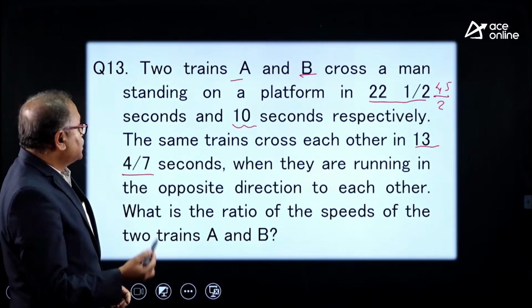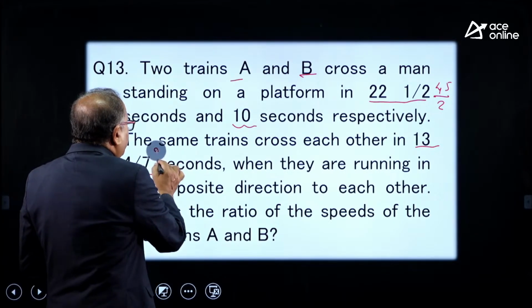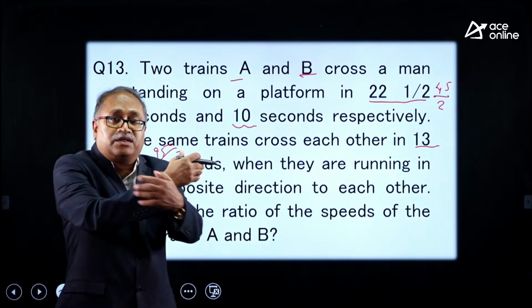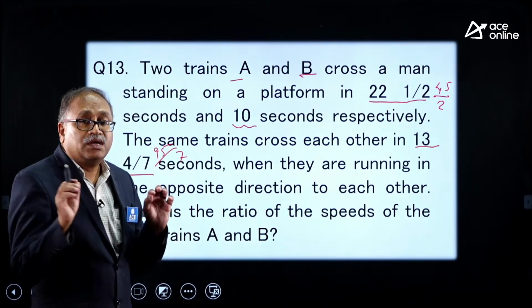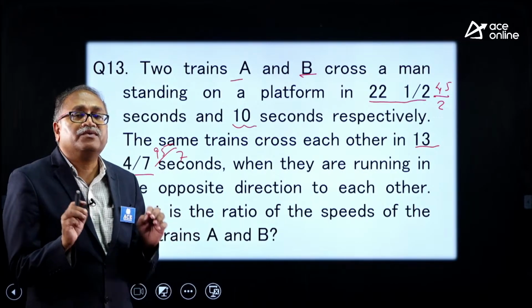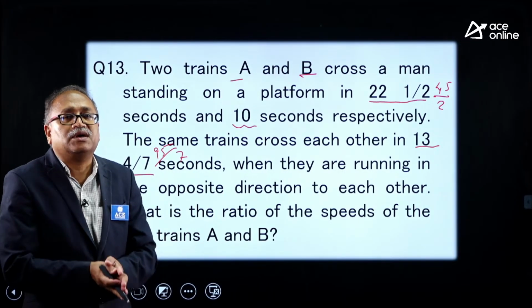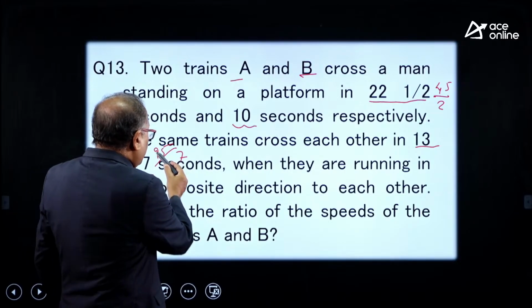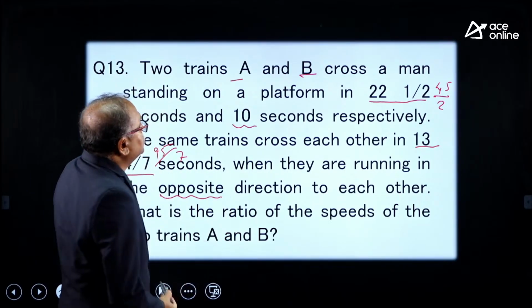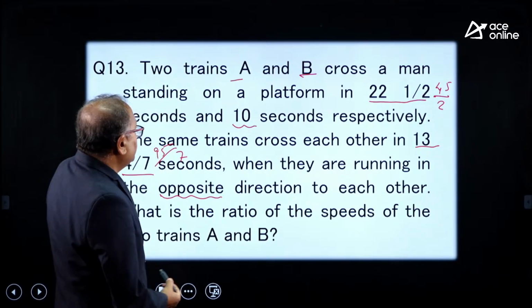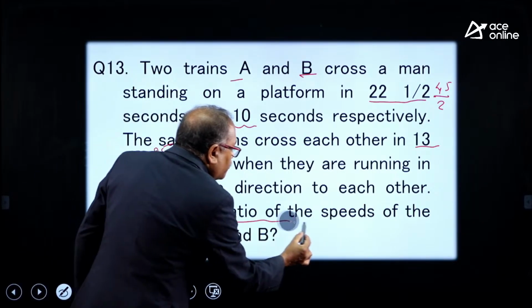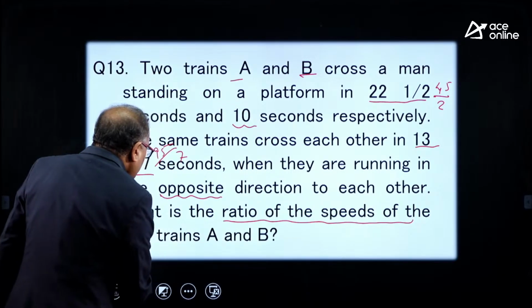So, 13 times 7 is 91 and 4 is 95, so 95 by 7 seconds to cross each other. Fine, it is a really very good question. Even if you are not able to answer the question, just see the solution. This is the time when they are running in opposite directions. Do we know the speed? No. So, what is the ratio of the speeds of the two trains?